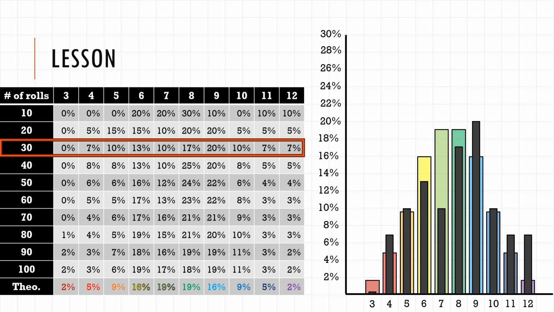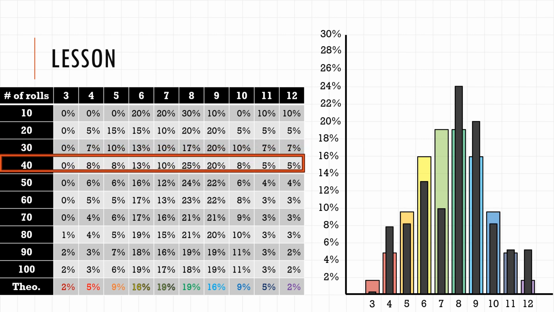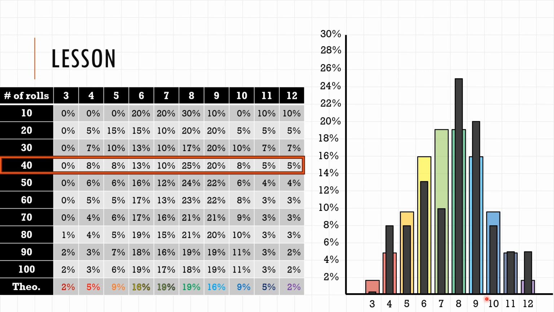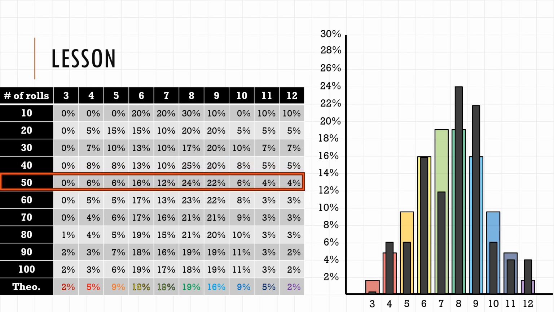This is with 30 rolls. This is the experimental probability with 30 rolls. This is it with 40 rolls. We can see the 8 started to pop up more and more often now. If we roll it 10 more times, this is what I get.